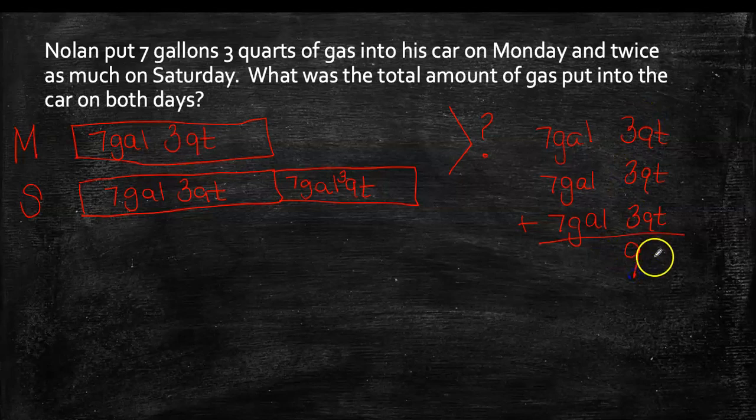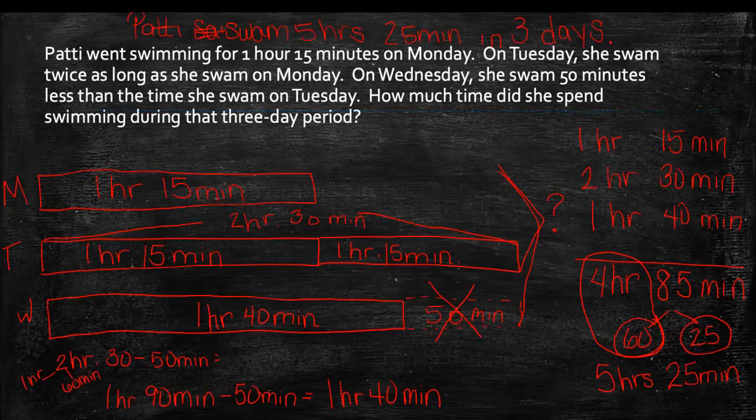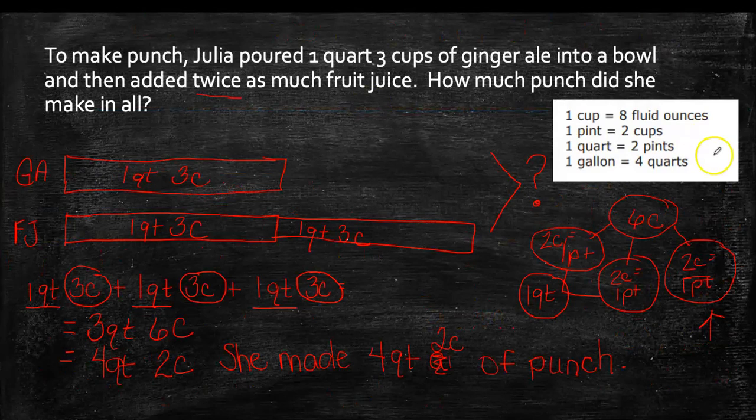So there's 9 quarts, and I'm sure I can make that into a gallon or so, but let's find out in a minute. 7 plus 7 is 14 plus 7 is 21 gallons. How many quarts are in a gallon? I think I heard you all say 4, and I do believe that you are correct, but let's double check our reference sheet here. And you are right, 4 quarts equals 1 gallon.